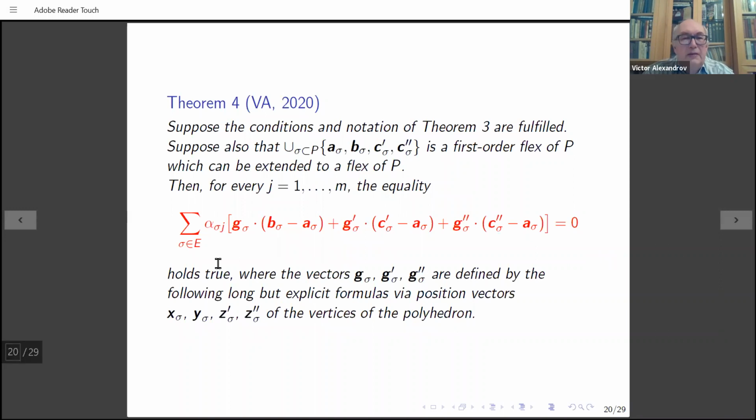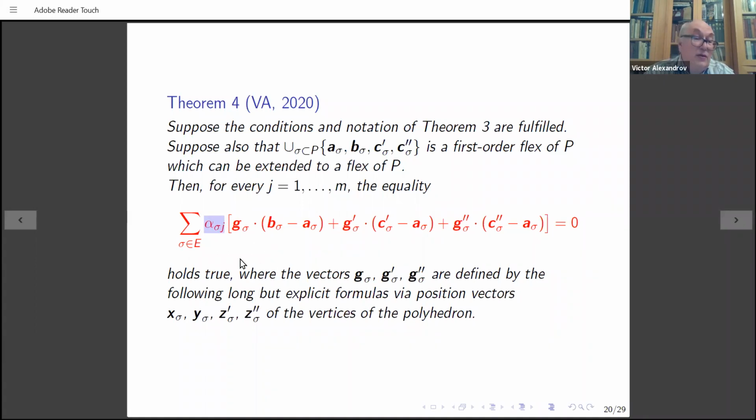So let me return to this theorem 4 and say again that it is very strange, but we have some special, new, specific, unusual, I would say unexpected, additional equation for the first order flex of a polyhedron. And these coefficients are prescribed.